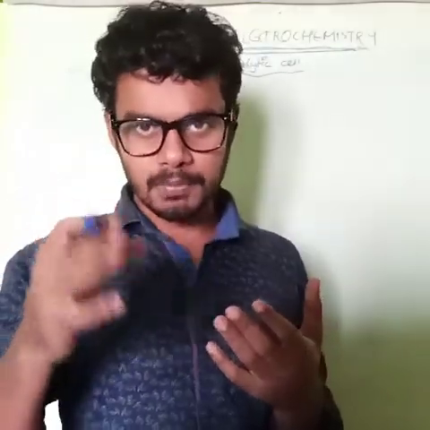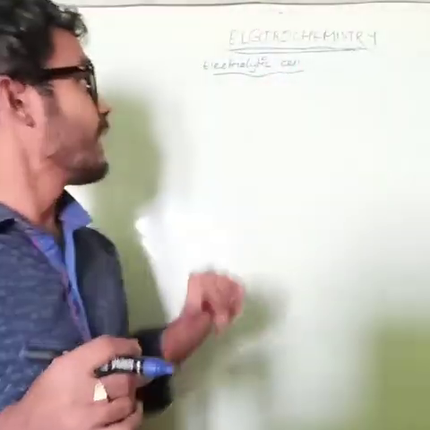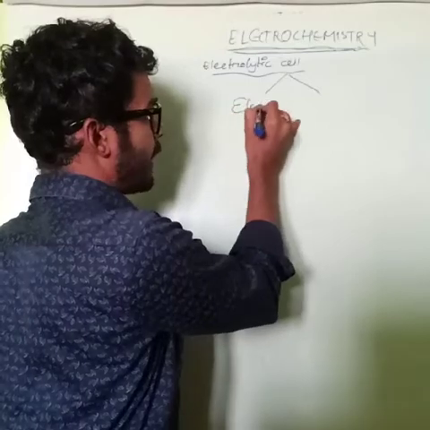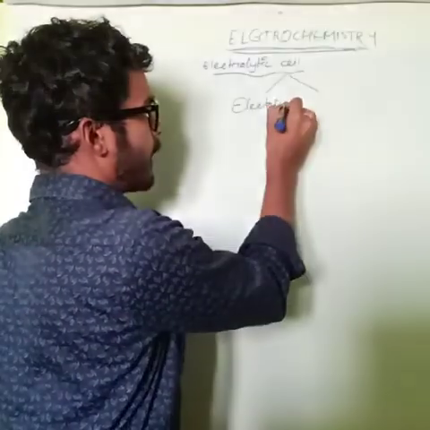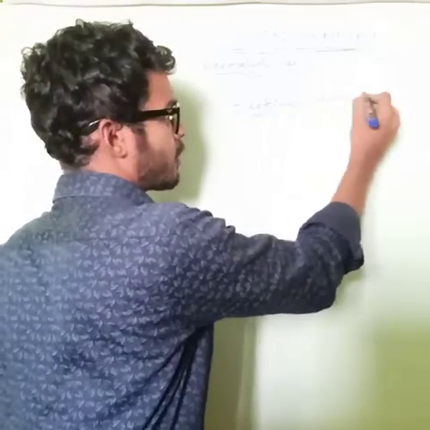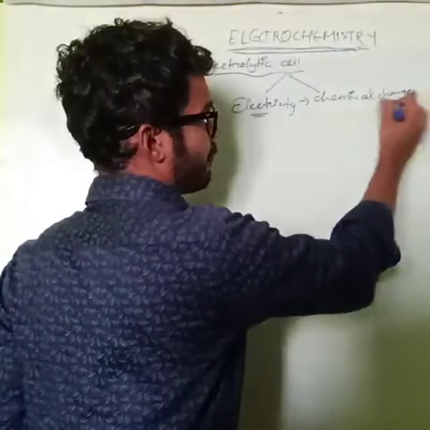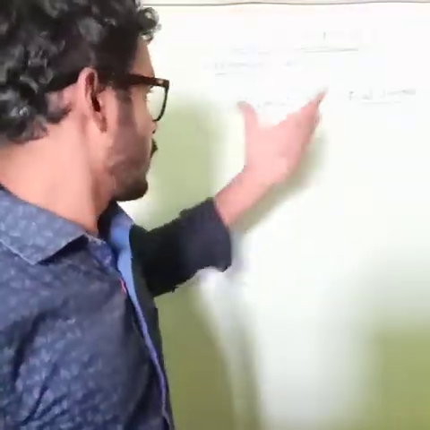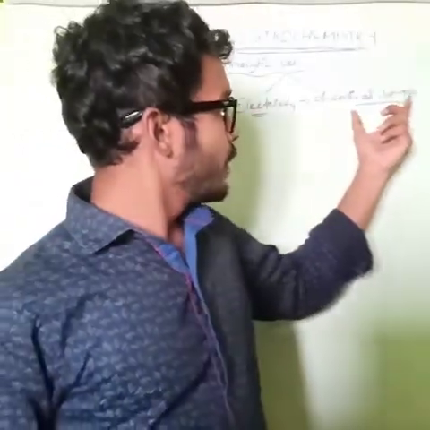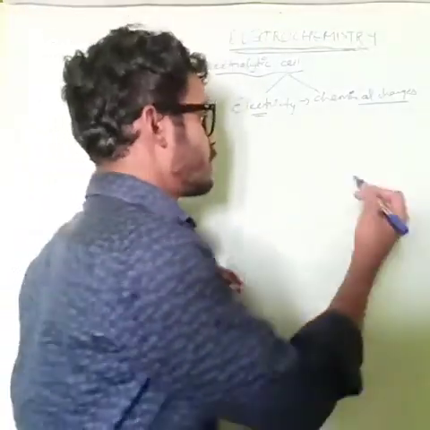So the electrolytic cell is the one where, by applying electricity, chemical changes occur. Let us understand this.